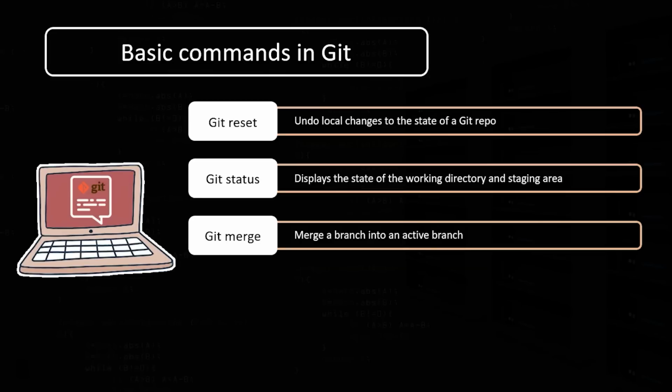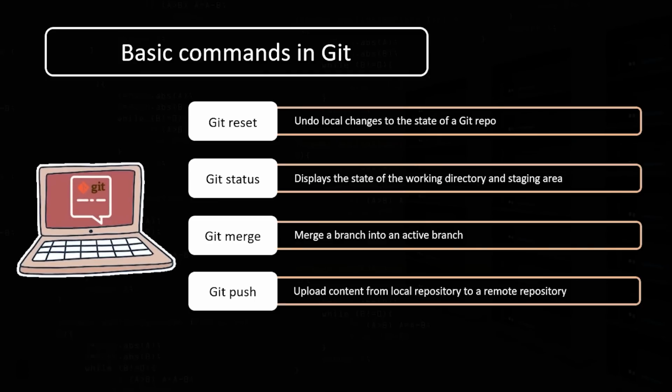All you can do is go to the master branch and trigger the merge activity. This merge activity will check the difference between the two branches, and whatever commits are missed out will be synced back into the master branch. So git merge helps us to move the changes from one branch to another.